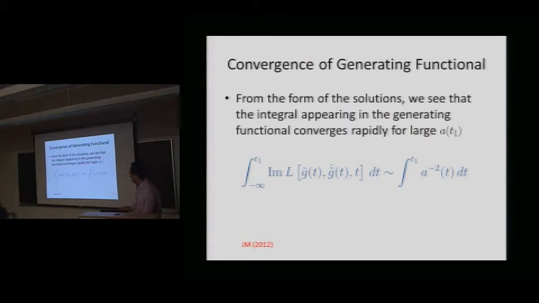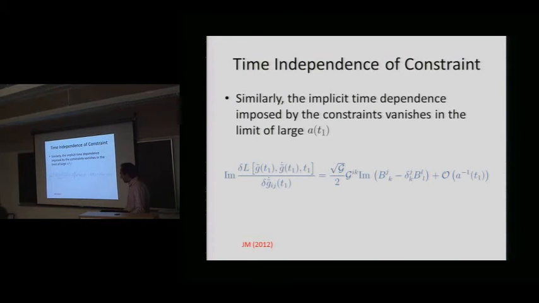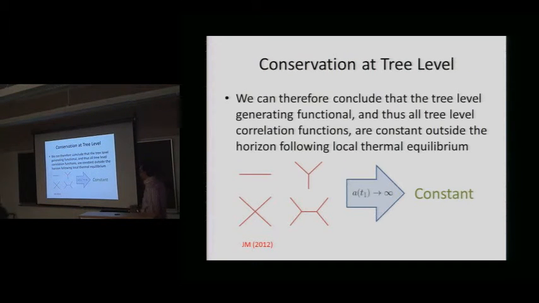Okay, good. So we've shown that the integral appearing in the generating functional approaches a T1 independent constant in the limit of large A. There's a similar argument, which I won't go through the details of, that the derivative appearing in that second constraint also approaches a T1 independent constant in the limit of large A. As a result, we can conclude that the tree level generating functional, and therefore all of the correlation functions derived from it, are constant outside the horizon during and following local thermal equilibrium, with no non-zero conserved quantity. So we've shown that all of the tree level correlation functions approach a constant in the limit of large A. What I mean by large A is when these modes are far outside the horizon.